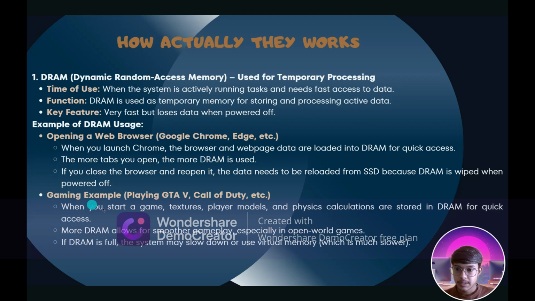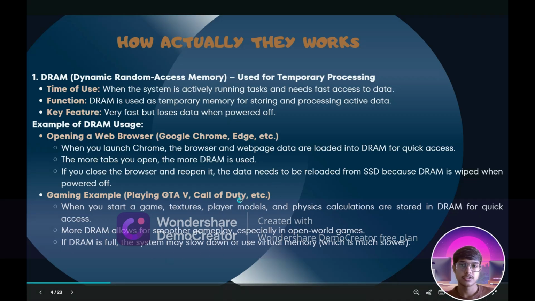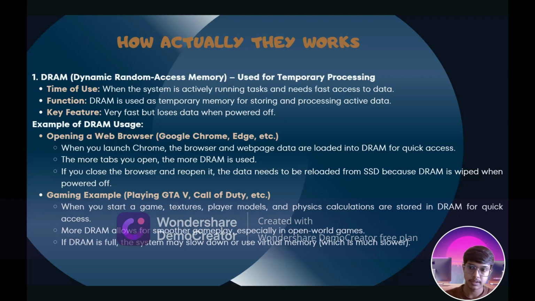Second example is gaming. When we open any game like GTA 5 or Call of Duty, etc., the game starts and it takes time to load. During that time, all the data which is stored in permanent memory is copied to DRAM, and we can have a smooth gameplay for that.